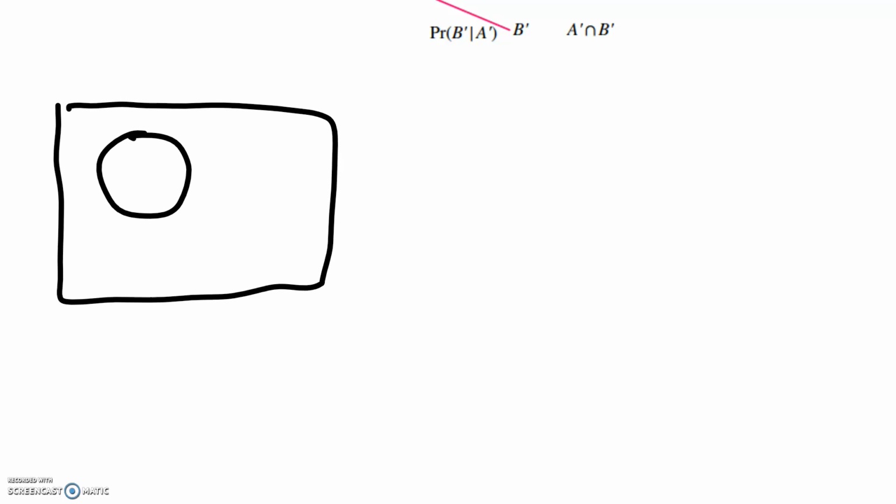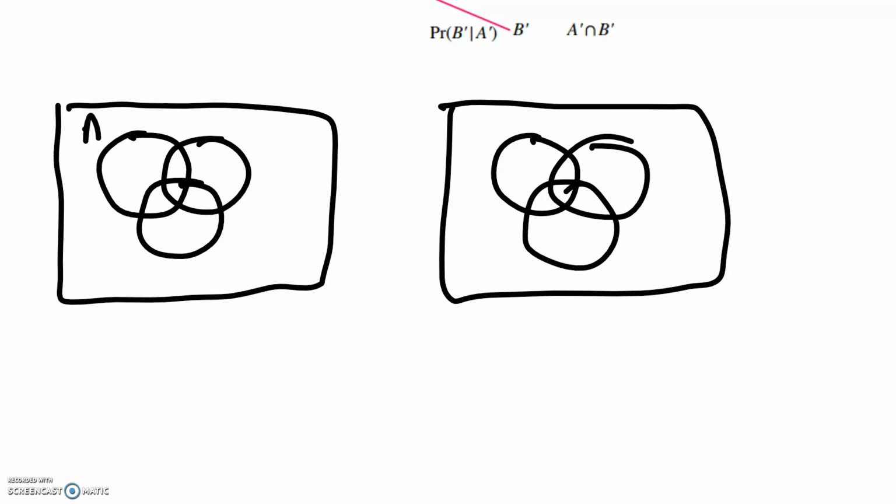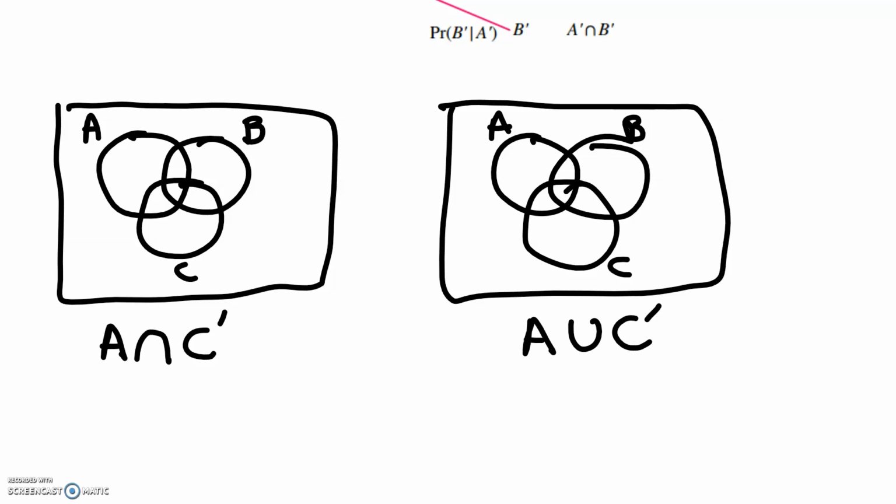Particularly because a lot of people get confused between and or. So I'm going to show the difference between an and an or. So if we've got A, B, C, A, B, C. Actually, I'm going to go A and not C versus A or not C. All right.